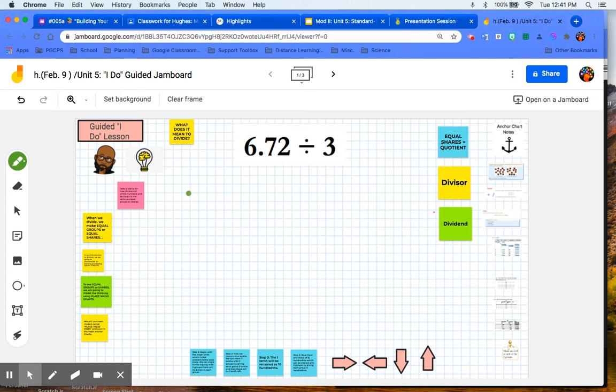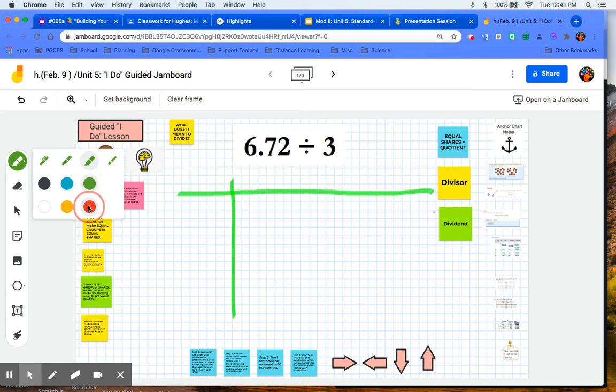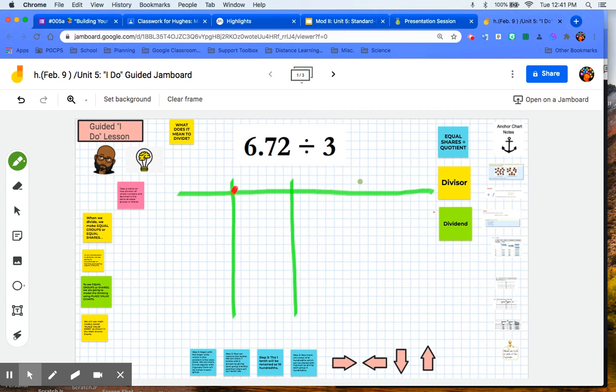I make my place value chart. Ones, decimal, then tenths, and hundredths. And if I have thousandths, it would be here.